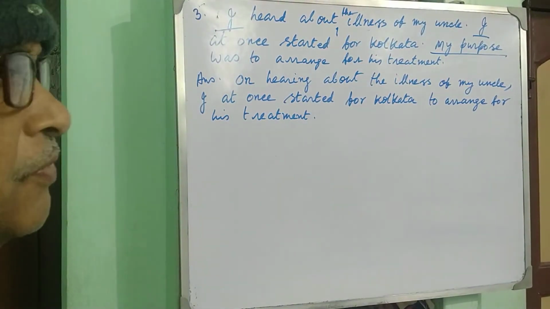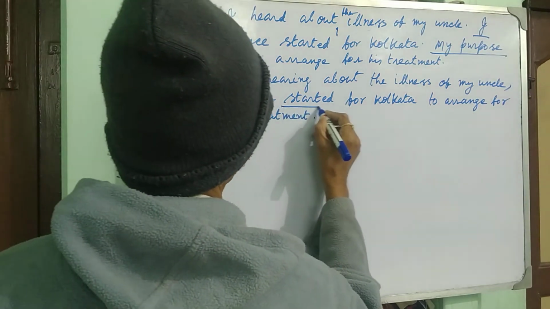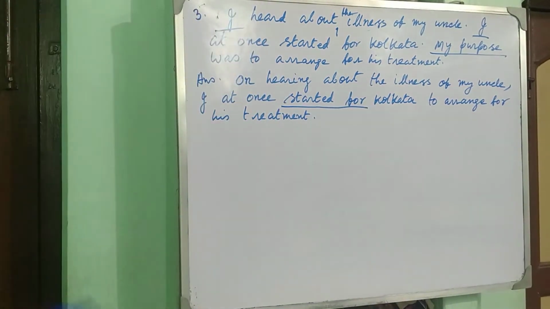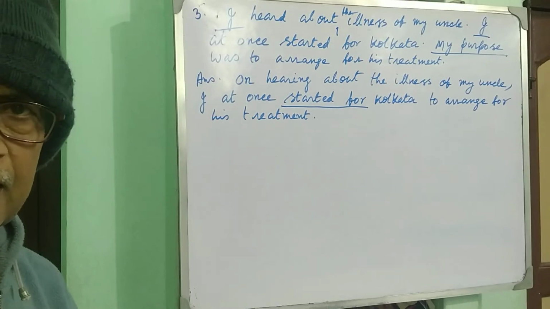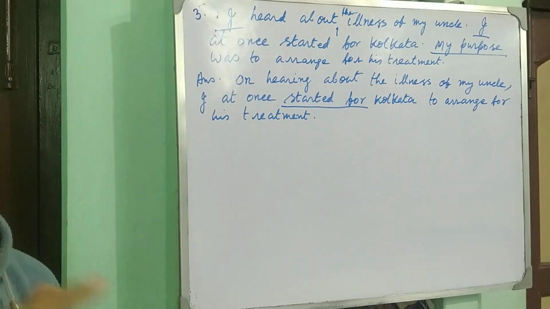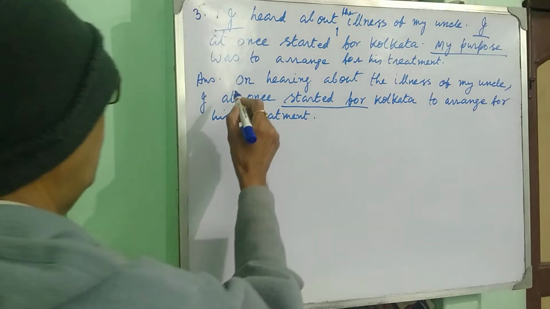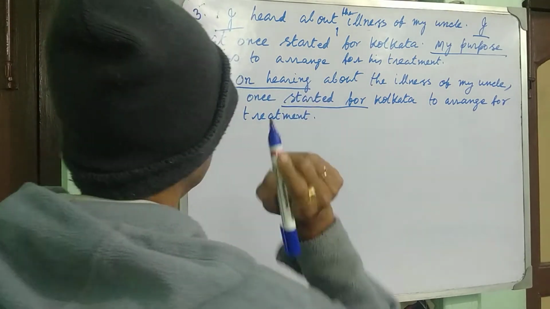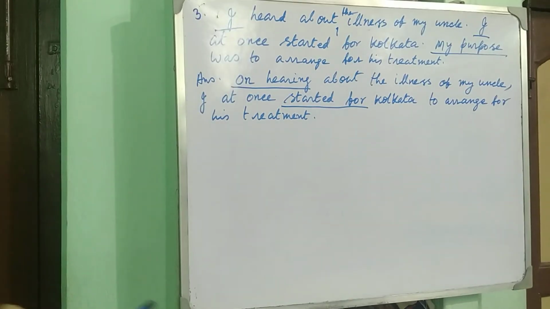And there is only one finite verb, that is started for. Only one finite verb. And what is the characteristic of a simple sentence? In a simple sentence, you will find only one finite verb. Clear? So, on hearing is preposition plus gerund.